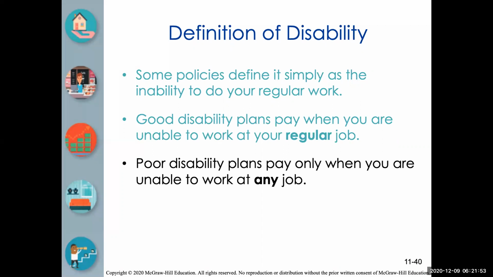If you were an investment banker pulling down $350,000 a year, and you had a poor disability plan and you wound up being disabled, the poor disability plan wouldn't kick in, because it's highly likely that you could go get a job at McDonald's, or at Target, or being a greeter at Walmart. So poor disability plans are going to have this clause that says when you are unable to work at any job. So words matter. Read it carefully.